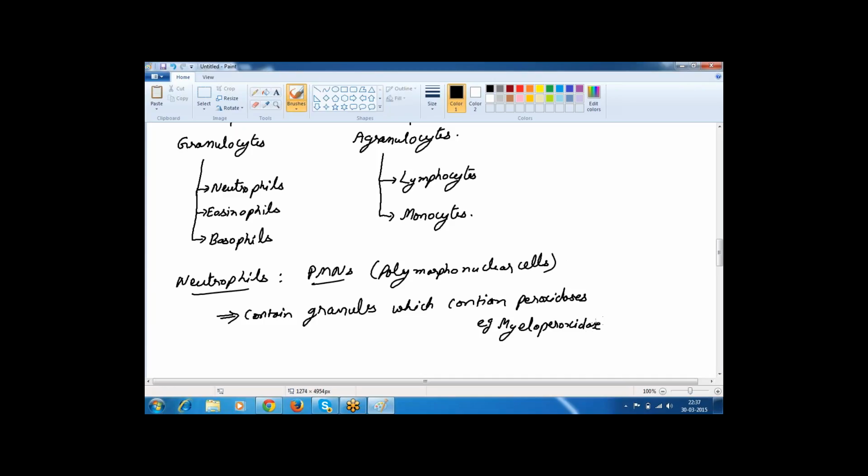These enzymes do the peroxidation reaction and they produce nascent oxygen. Nascent oxygen is very toxic for the cells, so the cells are destroyed.